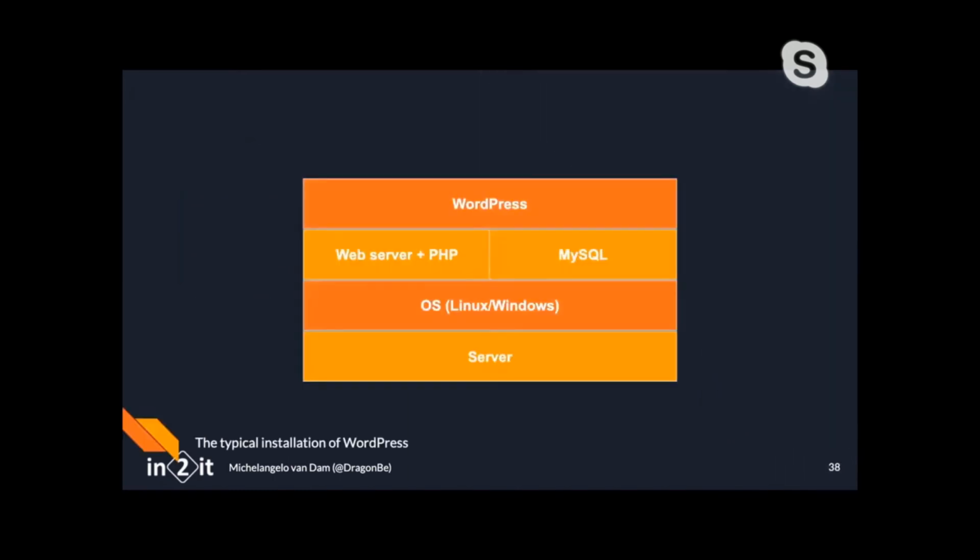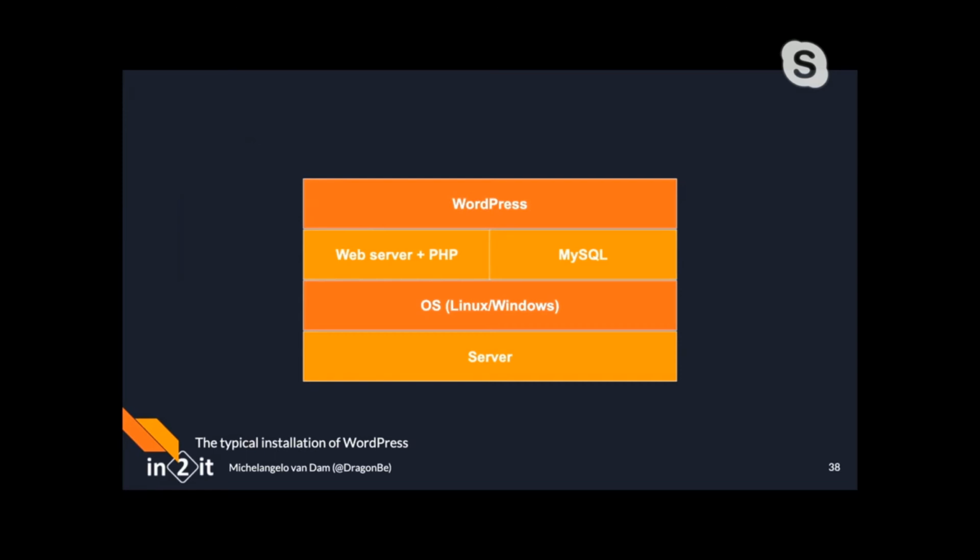So I still see WordPress being one single application on top of a PHP stack that runs on a web server, has a MySQL database behind it, and runs on an operating system running on a virtual or physical server.